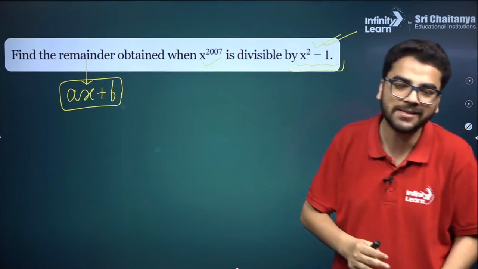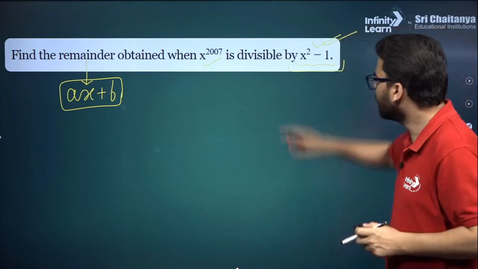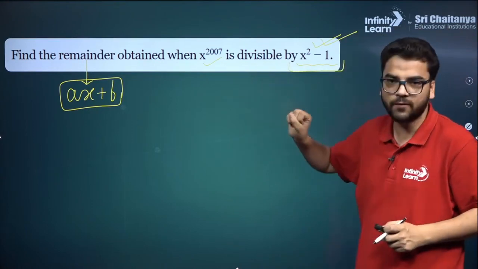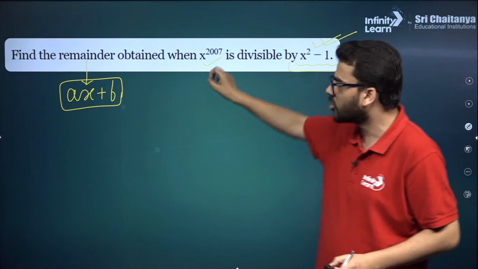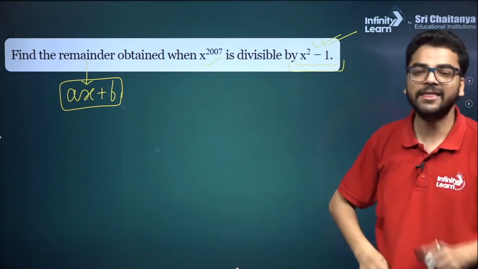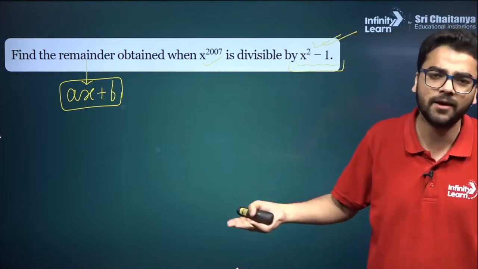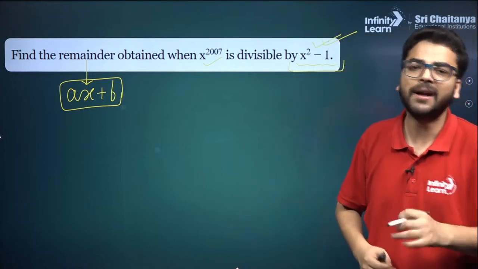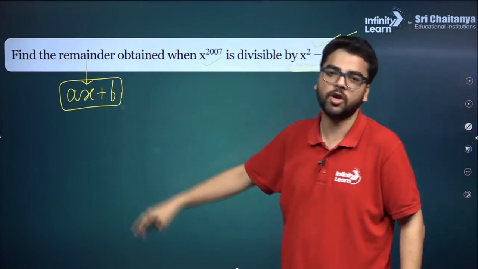It's not compulsory that every time you'll get a linear polynomial. The reason being, suppose this is a factor of this, what will happen? Just suppose, not in this case, this is a factor of this, then the remainder will be 0. When the divisor is a factor of the dividend, the remainder will be 0. But suppose that is not the case, then the remainder will be a linear polynomial.